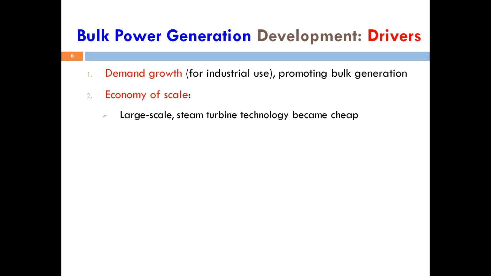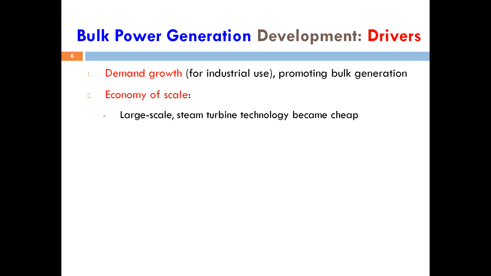Another important development that took place was the technological advancement in steam turbine technology, which enabled the design of large systems which were relatively cheaper compared to the small ones.